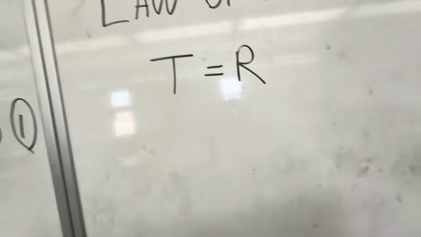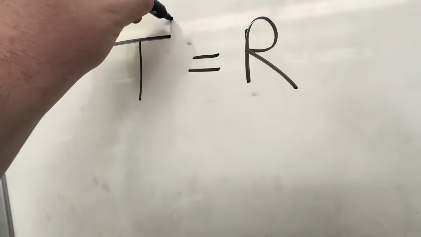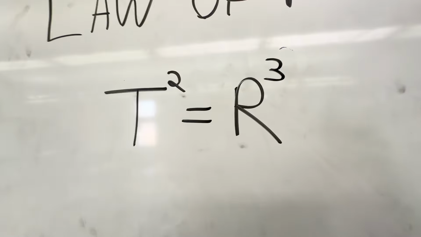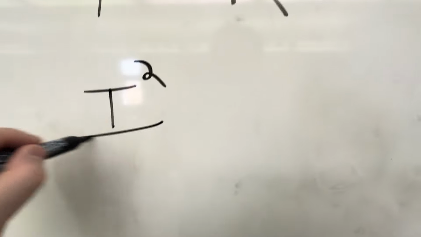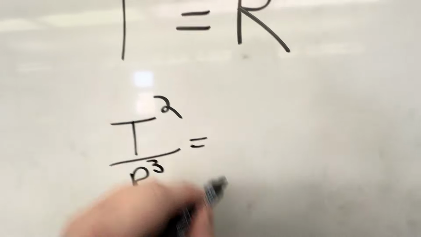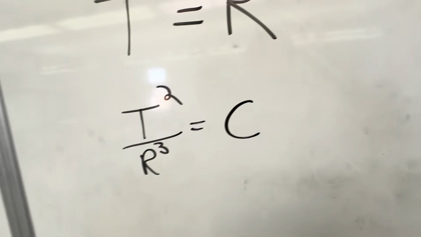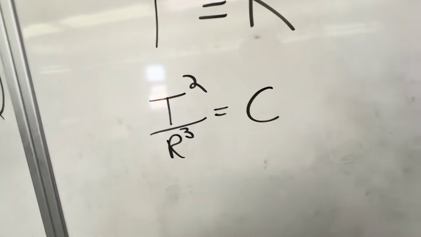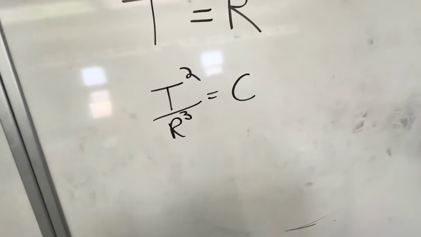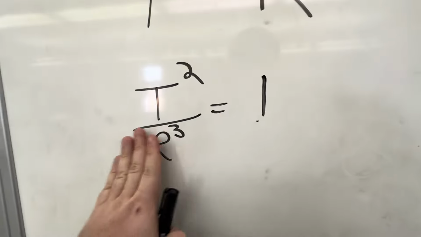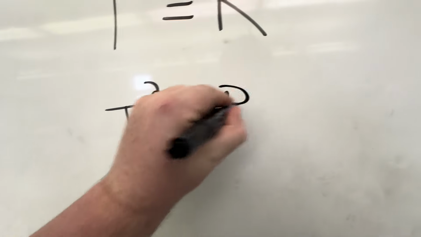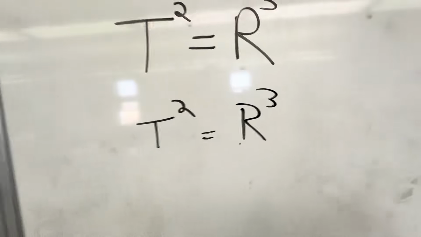What Kepler found is there's a relationship that the ratio of the time squared to the radius cubed. And he found that this ratio, so if you divide it over and say T squared over R cubed, it equaled a constant. Now it turns out for the solar system, this constant is 1. So if this is 1, and if you want to put this equation back together, you just get right back out what we just talked about.